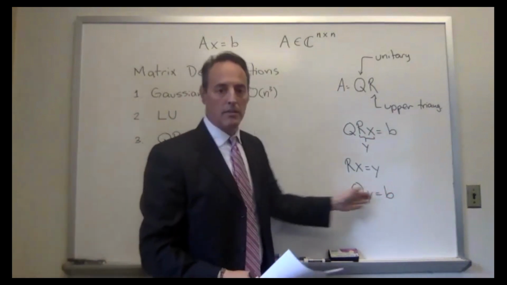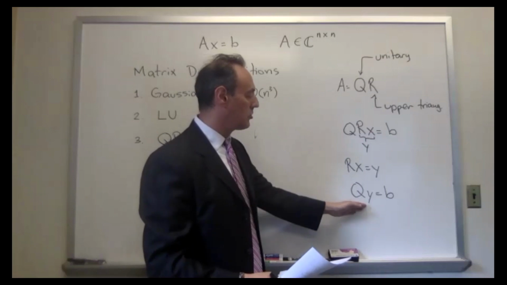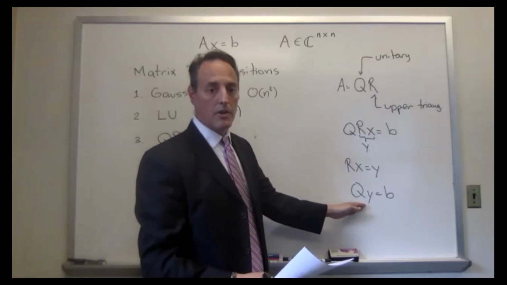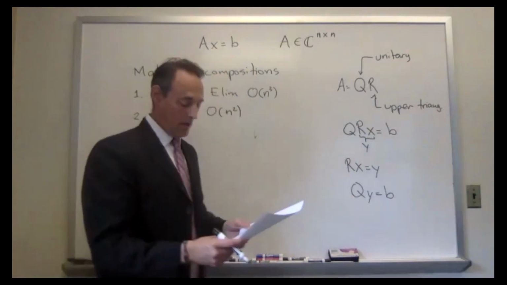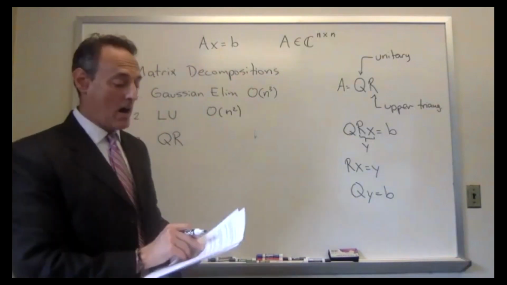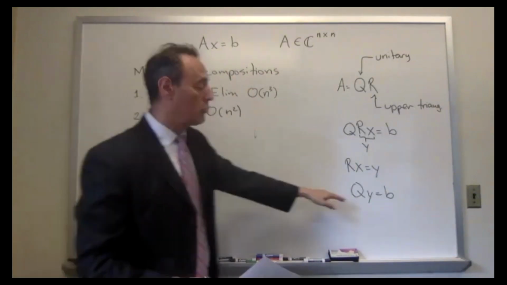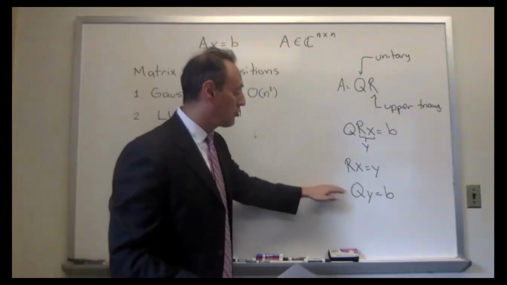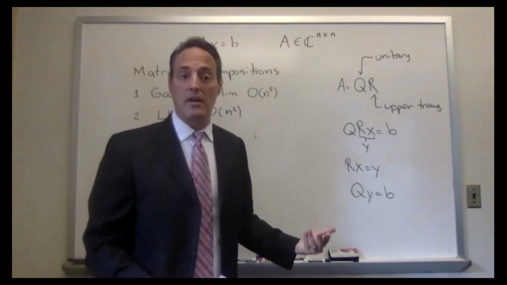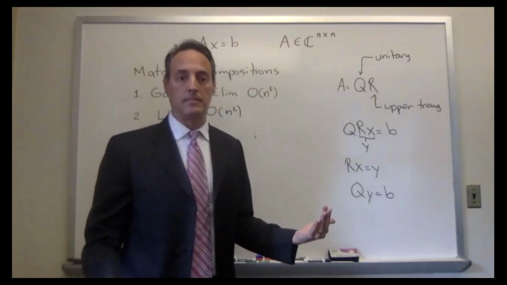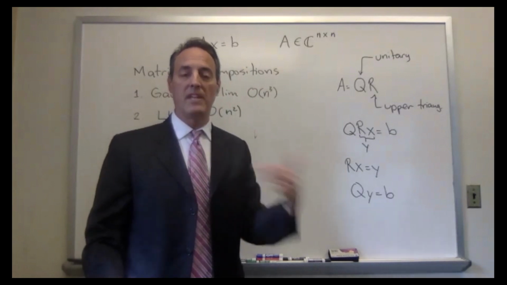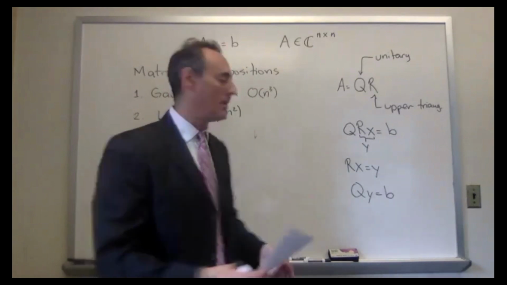When I go to here, if I want to get the solution for Y, all I have to do is multiply by Q transpose. Q transpose Q, because it's unitary, is the identity. That's the fantastic part of having unitary matrices.